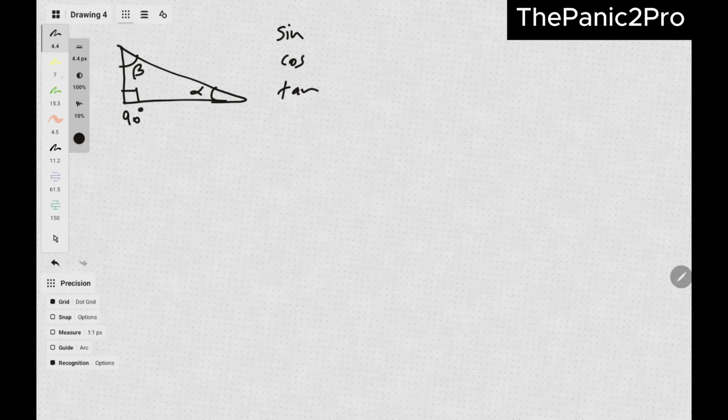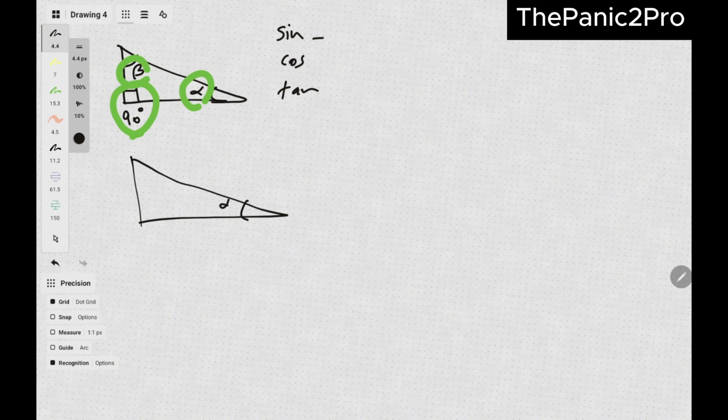We don't want to talk about the 90-degree angle for now. They are just about alpha and beta, okay? Let's just focus on alpha for now, and the same will happen for beta. So first of all, I'm going to write it down again here, alpha.